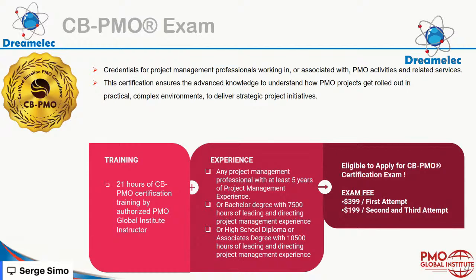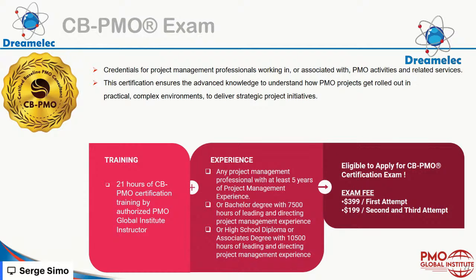If you also have the CA-PMO, then your 5 years of project management is taken into consideration. When you have that, with the certificate delivered to you by the training organization, you apply for your certification exam.